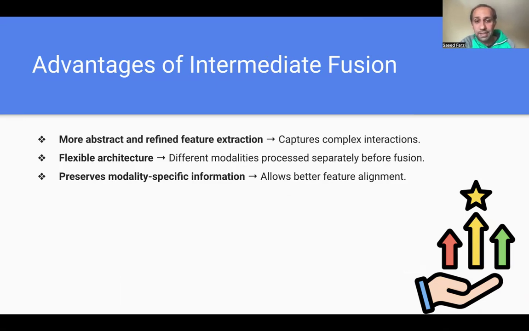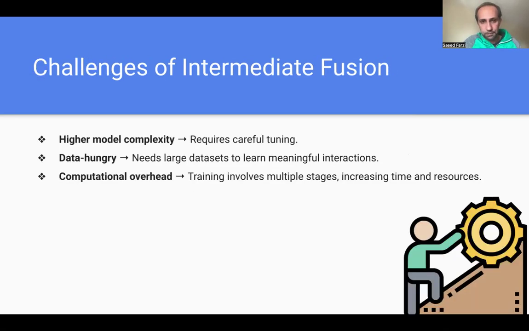It preserves modality-specific information and allows better feature alignment. This is very important. Apart from the fusion technique, in a multimodal neural network, the alignment technique is very crucial, exactly as important as the fusion technique.